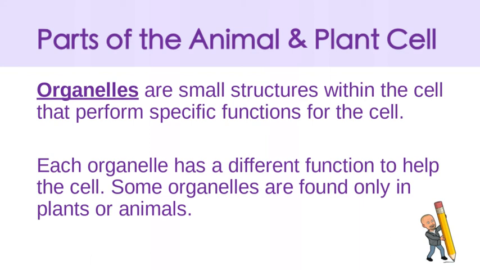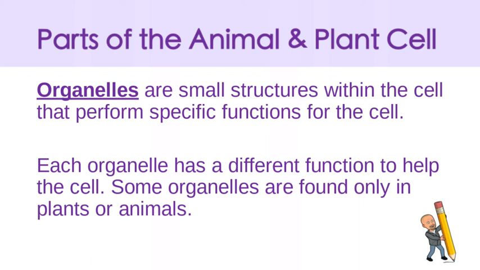So you've got some organelles that are going to be found in just plants and some that are going to be found in just animals, but we have a lot that are going to be in both. So when you think about the structure of an object or the function of an object, an example would be the structure of a house is based on how wood, bricks, and other materials are placed.